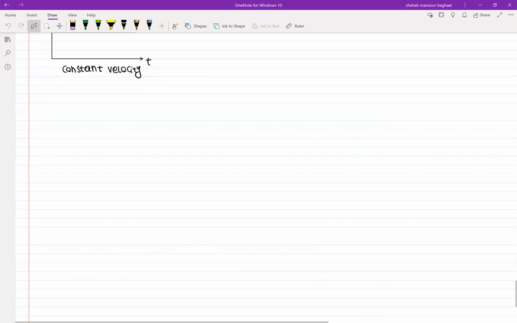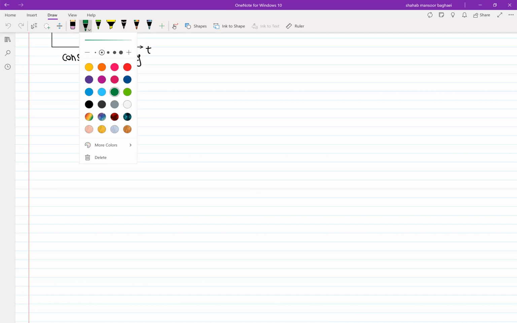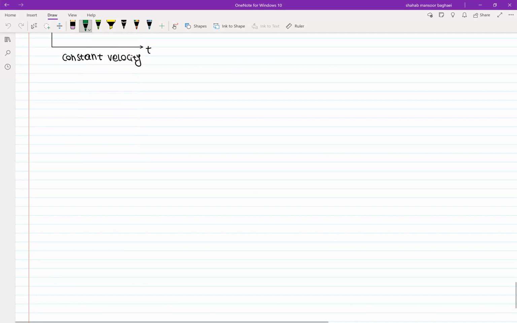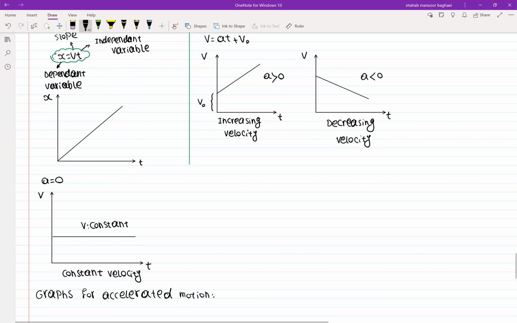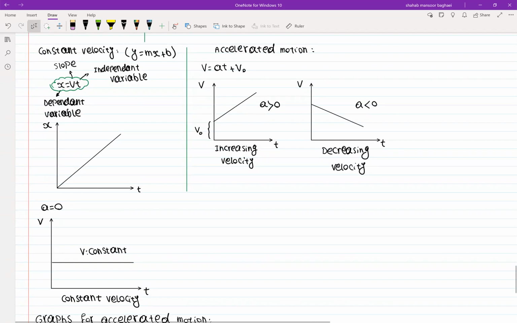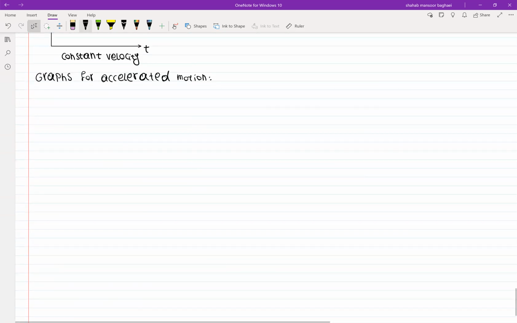Just for quick review, graphs for accelerated motion. So you have these two graphs for velocity, but before velocity, I prefer to talk about the acceleration at first.